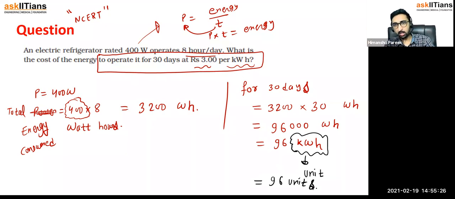One more thing. For per unit, the government is charging you. Now, in India, it depends upon the state. Suppose if you are in Bangalore, the cost is high there. If you come to Rajasthan, then again the cost is high. If you go to Delhi, then cost is very low, 5 rupees, 6 rupees per unit. If you come to my place in Rajasthan, then the cost would be around 9 rupees to 10 rupees per unit. So that is depending upon the state government.